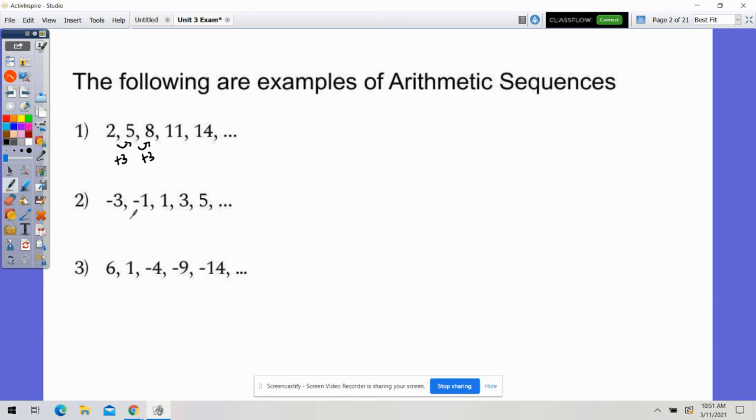In example 2, you are adding 2 to get from -3 to -1, from -1 to 1, and so on. So there's a pattern of adding 2 to get to the next term.